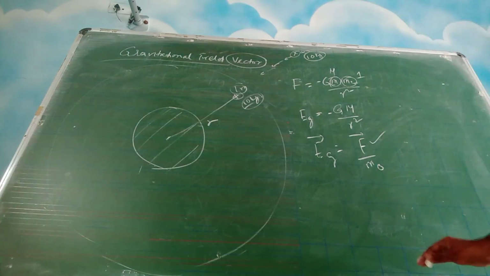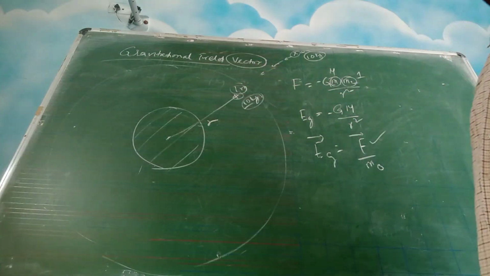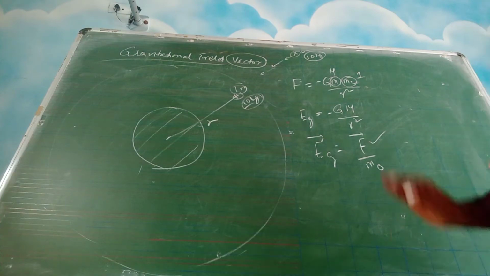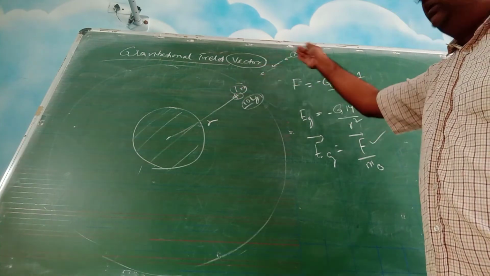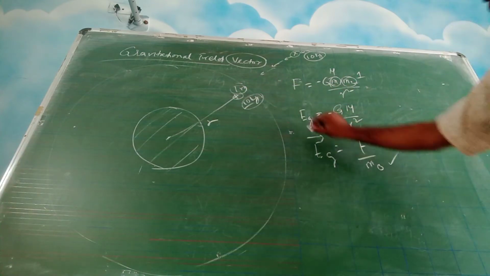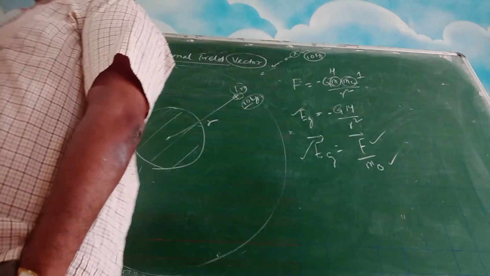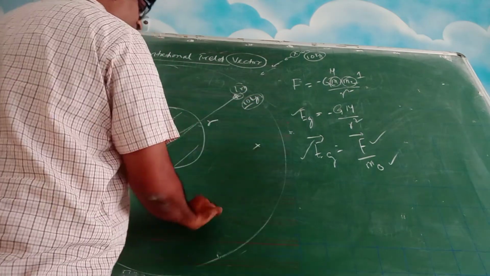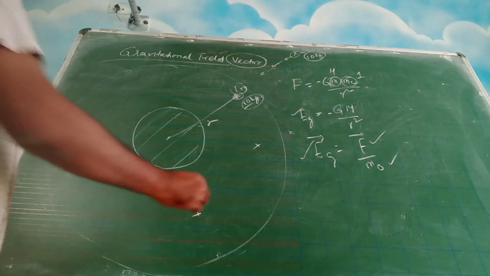So either you bring unit mass from infinity to this point and find the gravitational force, or you bring mass m from infinity to this point, calculate the gravitational force, and divide by the mass. These two are the essential definitions of the Earth's gravitational field. You can bring it to any point, and every point will have its own field strength.